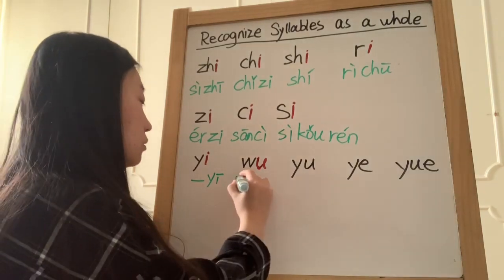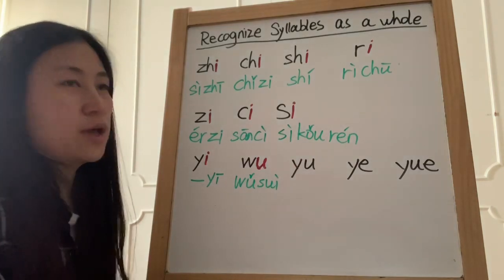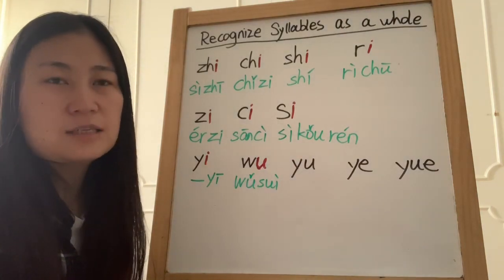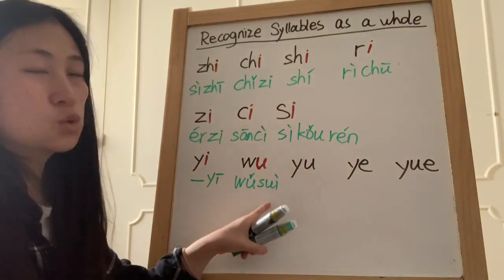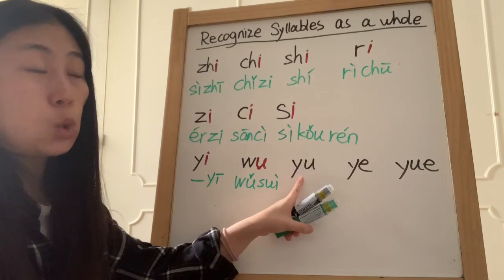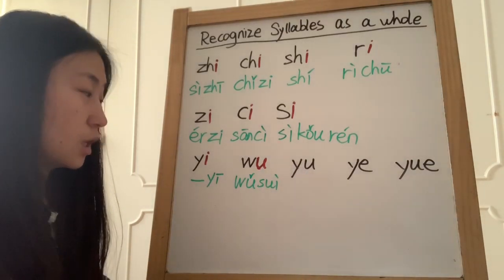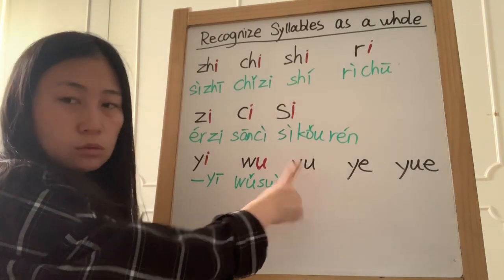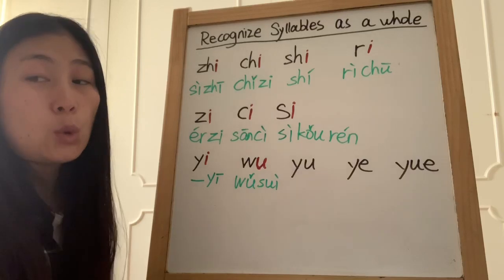For example, 5岁. Our infant kids, I4, I5, they are 5 years old. 5岁. Okay? This one is not you, because E and U together don't read you, they read U. Okay?